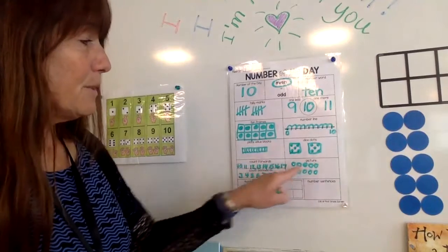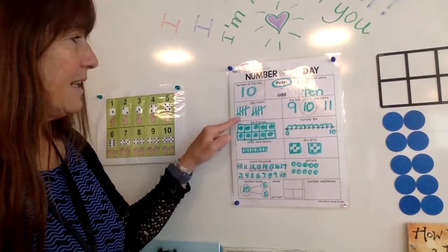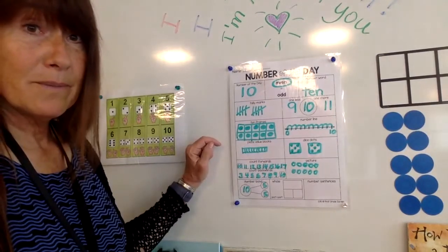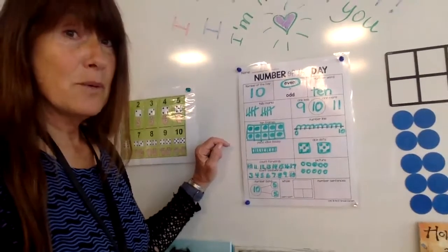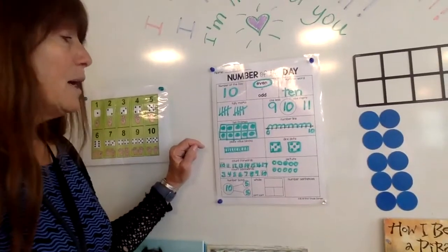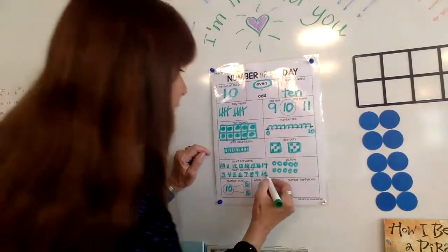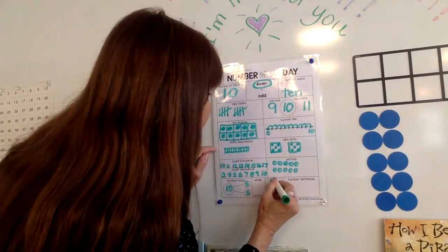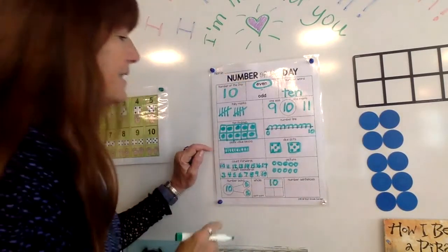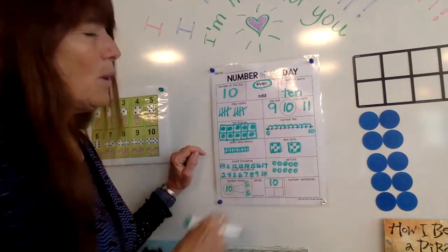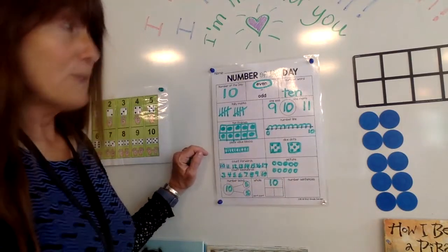And I made 2 rows of 5 circles, didn't I? And 2 bundles of 5 up here with tally marks. So we know that 5 and 5 makes 10, but we also know that there are many different ways to make 10. So I'm going to put 10 here, and let's think of this part whole using different numbers.